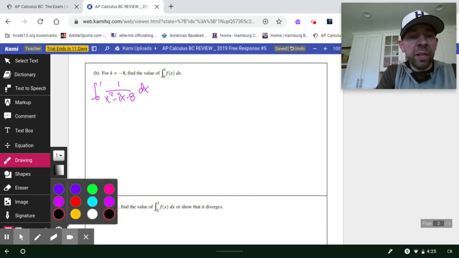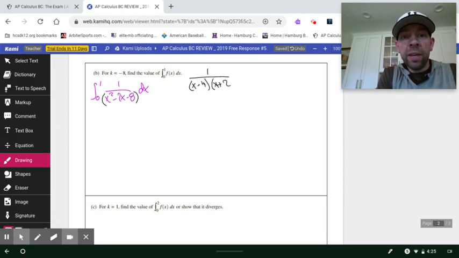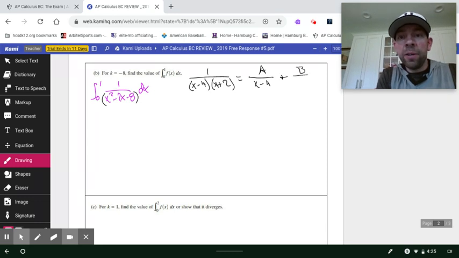So I'm going to call a little mini timeout here, and we are going to try to decompose this fraction. First, factor the denominator to make it x minus 4 times x plus 2. And we're hoping that it decomposes into some unknown constant over x minus 4 plus a different unknown constant over x plus 2.